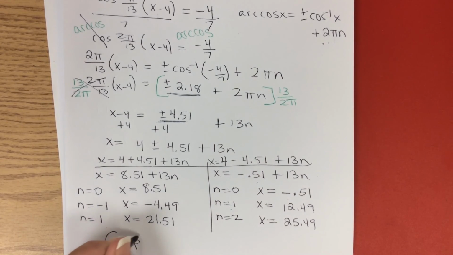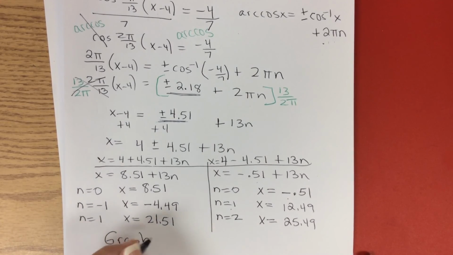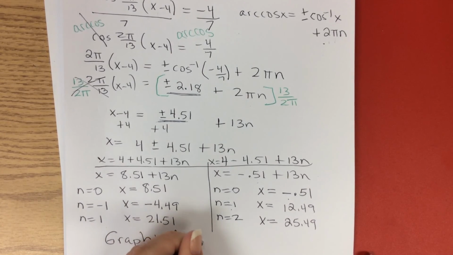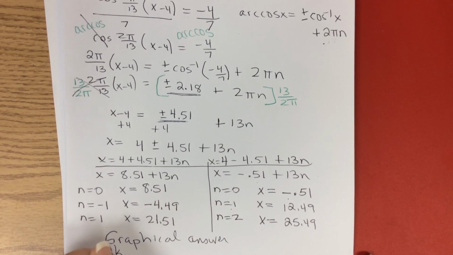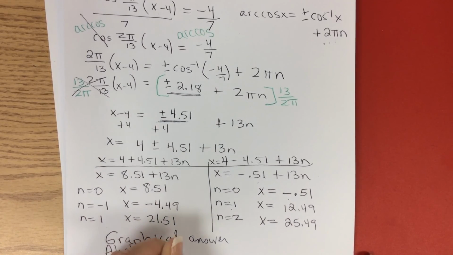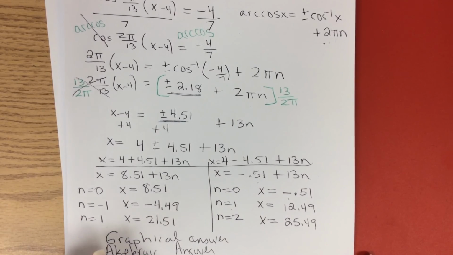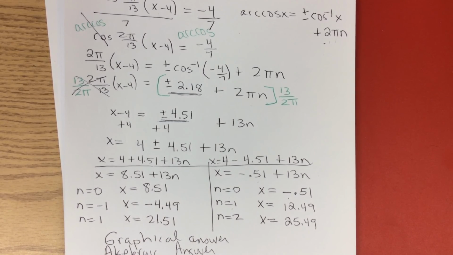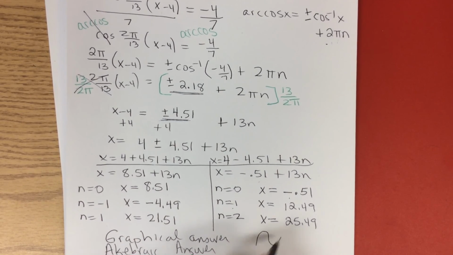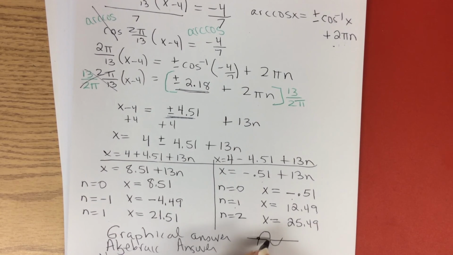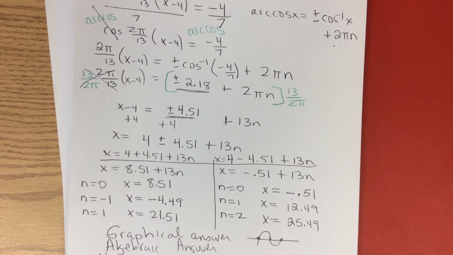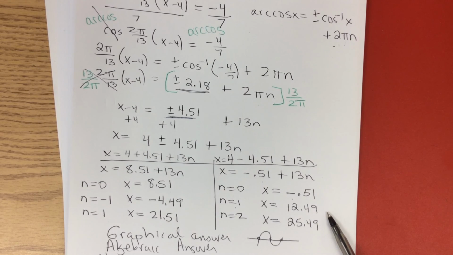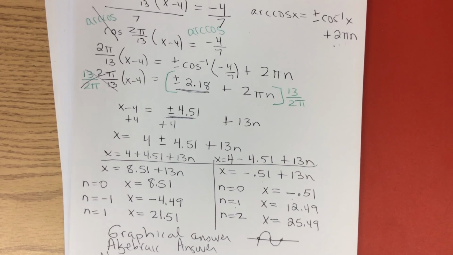A big part of this class is understanding that there's a graphical answer, an algebraic answer, and even a numeric answer. A graphical answer we just did. We looked at where the sinusoid and the horizontal line intersected, and that was our graphical answer. Algebraic is that long, arduous procedure.